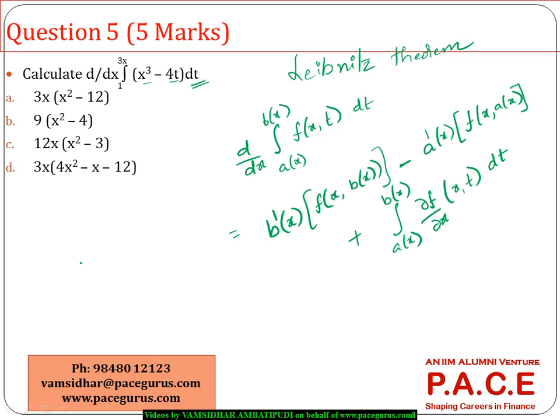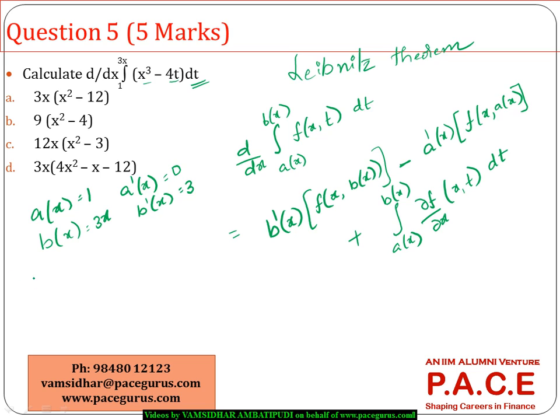In our example, it is looking more or less the same. The only thing is a of x equal to 1, which means a dash of x I'll take as 0. Then I have b of x equal to 3x, so b dash of x, the derivative of b of x, is 3. And f of x comma t is x cube minus 4t.